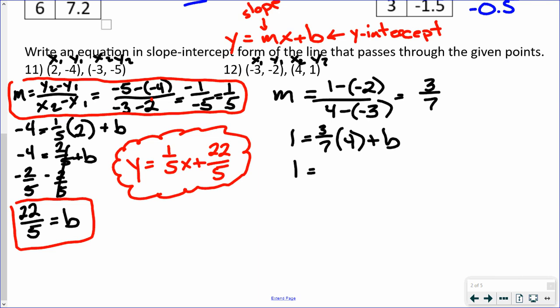I get 1 equals 12/7 plus b. Subtract 12/7 from both sides. And so 1 minus 12/7 is negative 5/7.